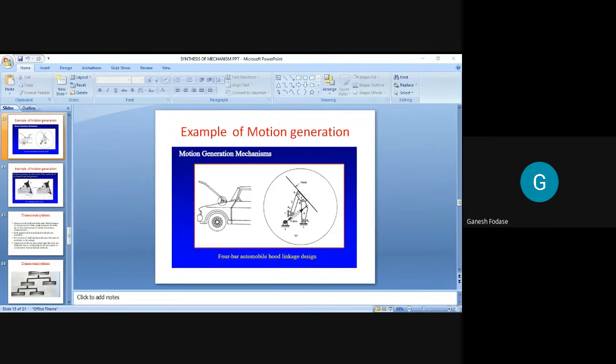Problem is, say, a numerical. We have to classify that numerical into three types: path, function, and motion. So we need to identify which type of numerical it is. Problem is not a real problem for us. Yes, sir. Okay, got it.